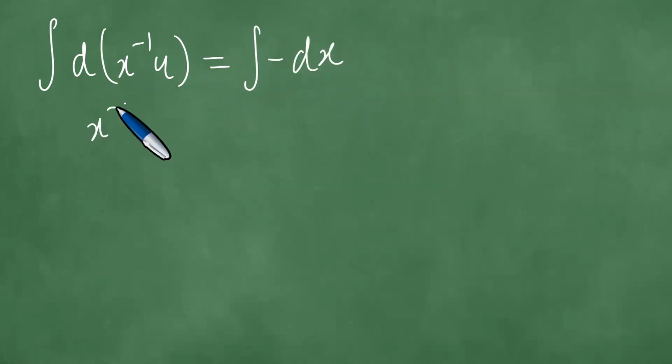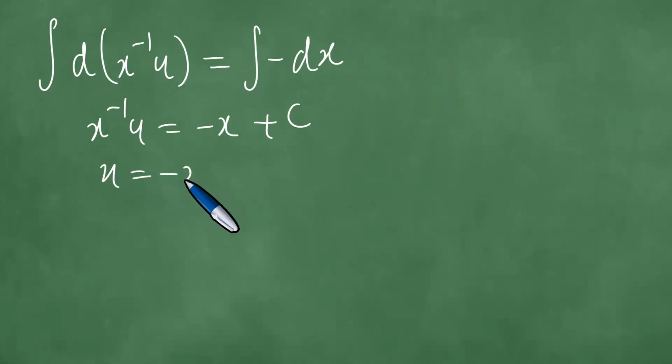So this is x to the minus 1 times u equals minus x plus c. What is the meaning of this? We multiply through by x, both left and right, giving us u equals minus x squared plus cx.